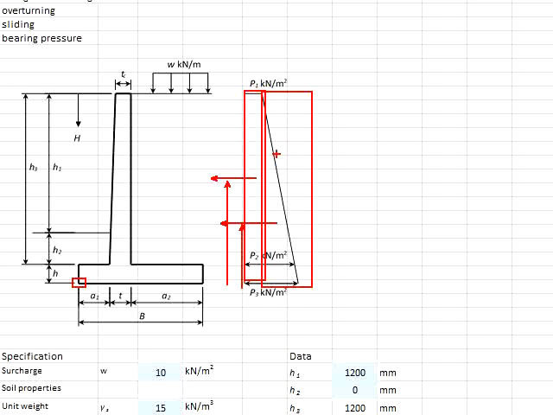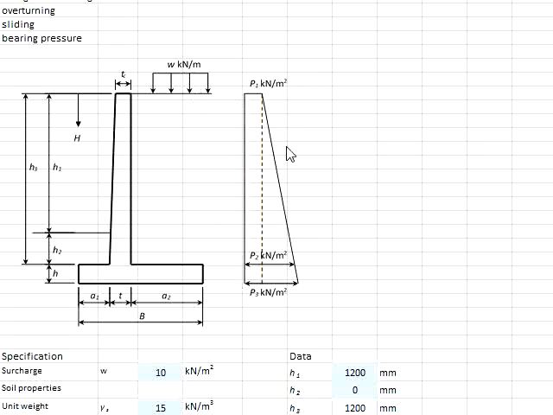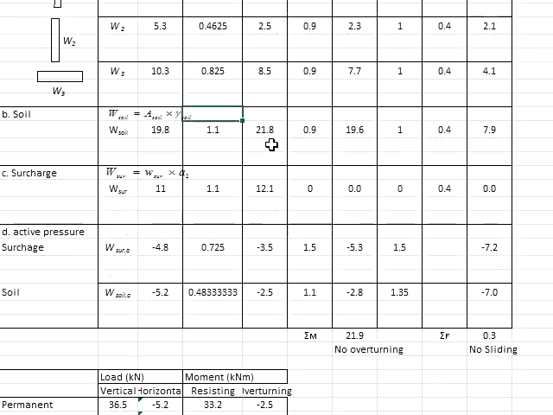That means the lever arm for the active pressure for the surcharge and the earth is different. The respective moment is calculated by multiplying the horizontal force and its lever arm.